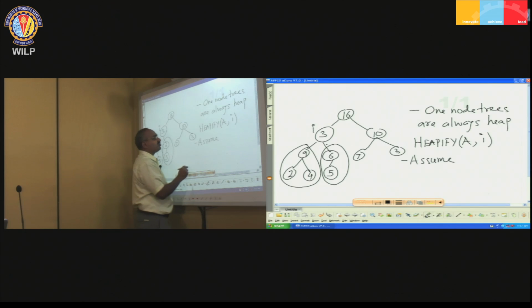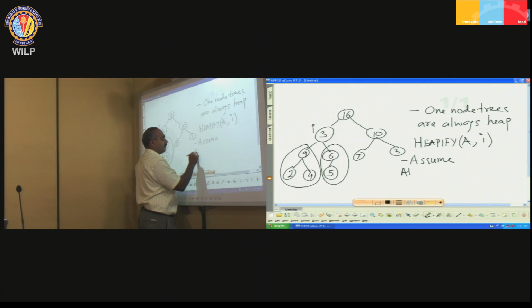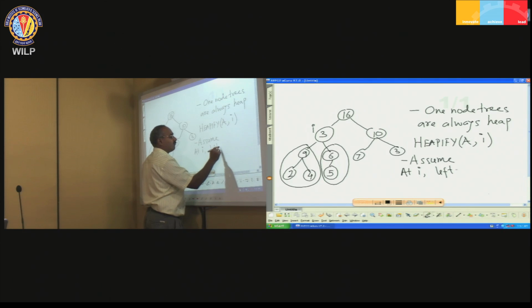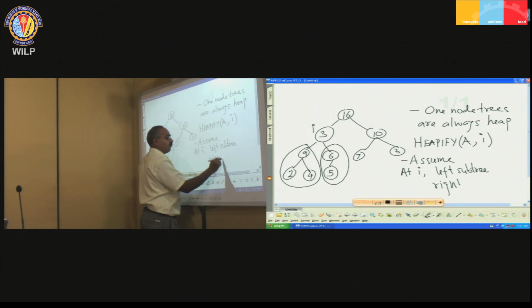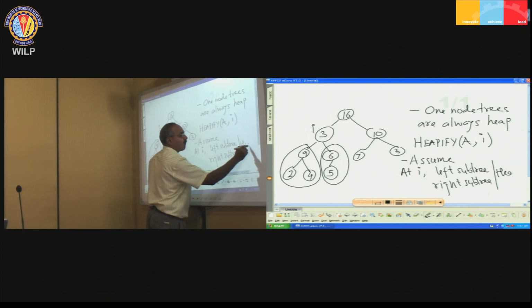So, the important assumption to call the heapify procedure is, we are going to assume that at node I, your left subtree as well as the right subtree are both heaps.